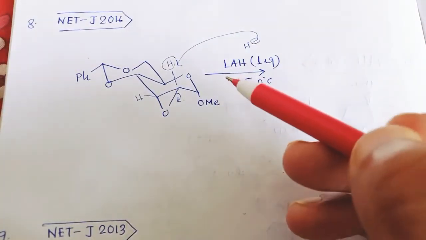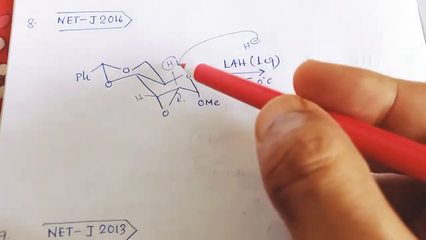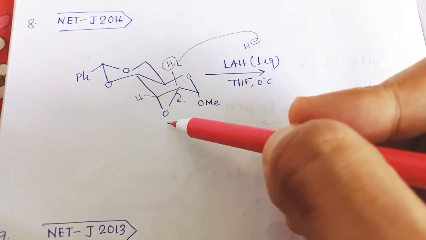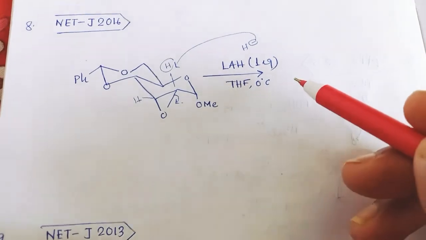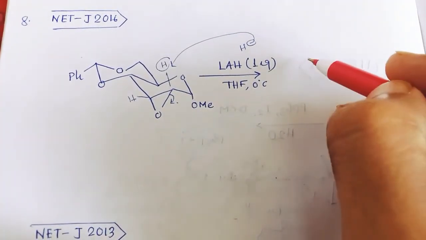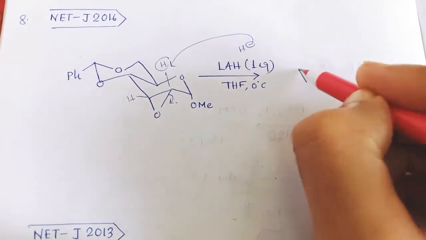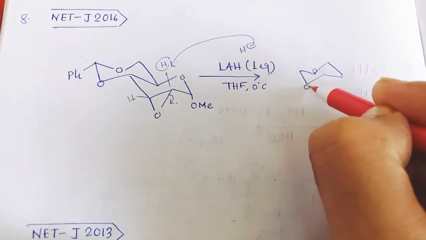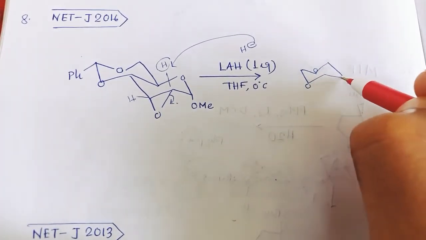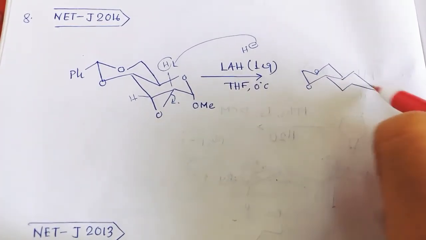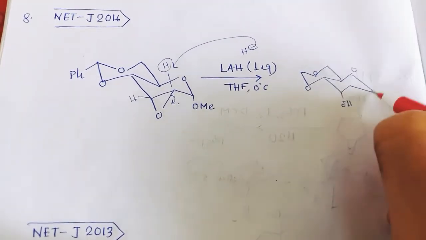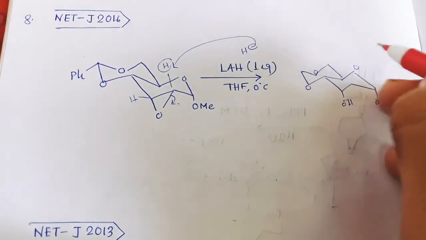Okay, and here the hydrogen will be at the above position and the other at the below position. So the answer will be like this. Here is oxygen, here is oxygen, like OH. Okay.